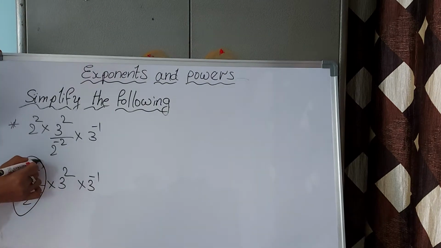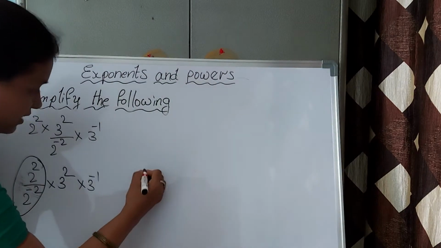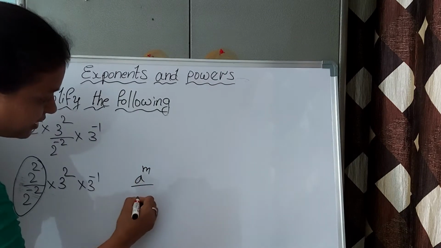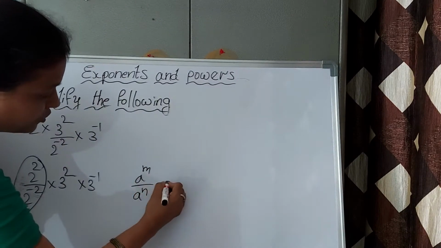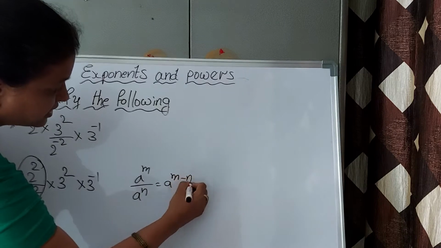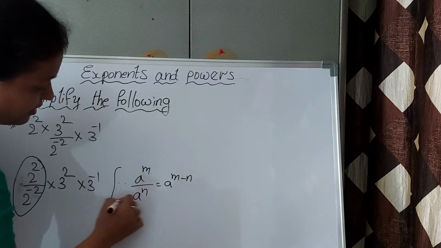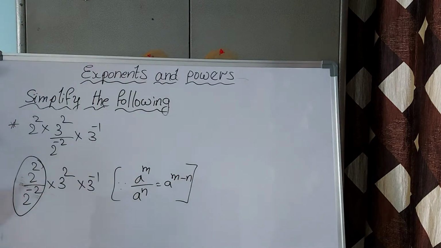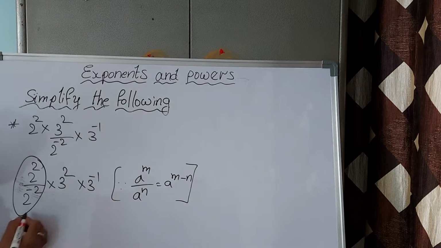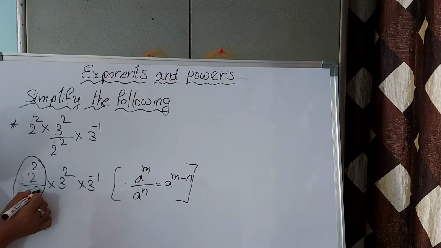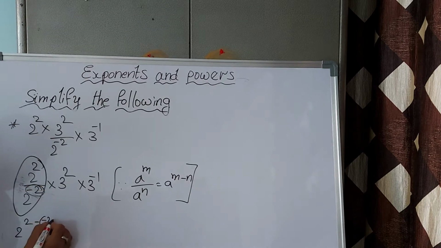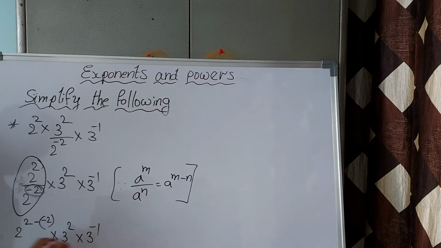A power m by a power n is equal to a power m minus n. By using this formula, how to write this one? 2 power 2 minus of minus 2, already minus is there, again minus 2, into 3 square into 3 power minus 1.